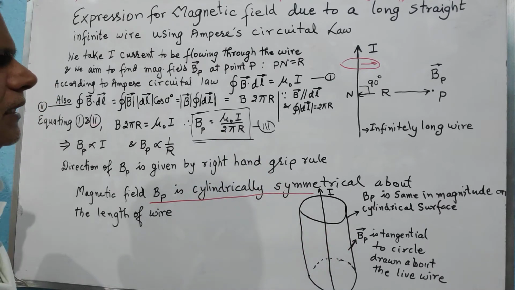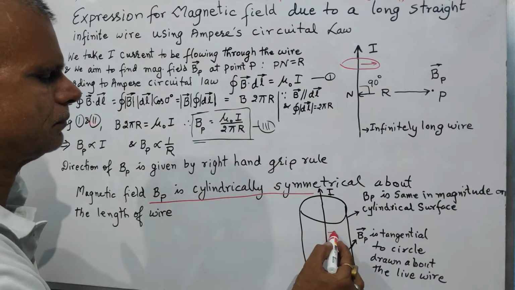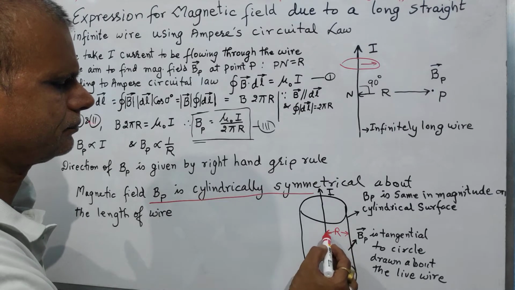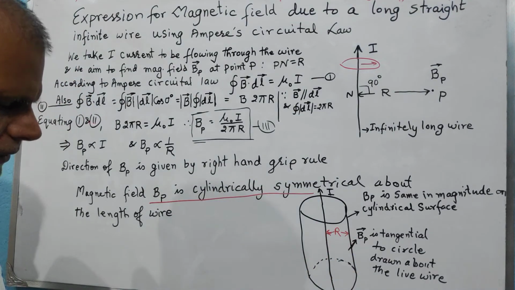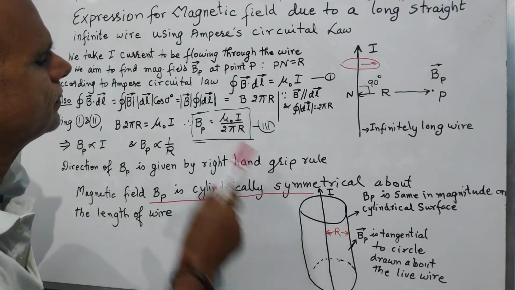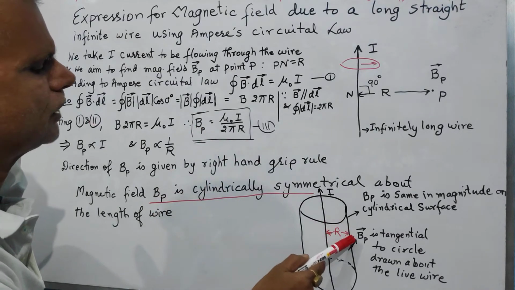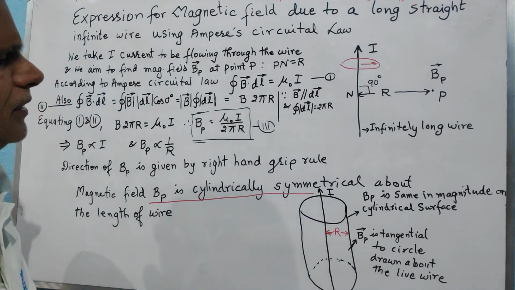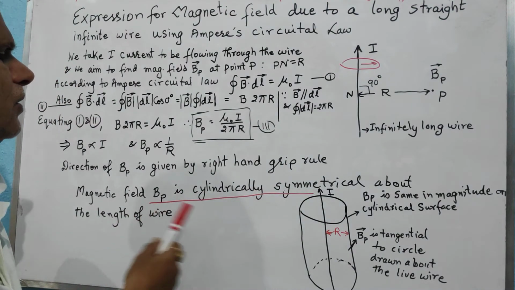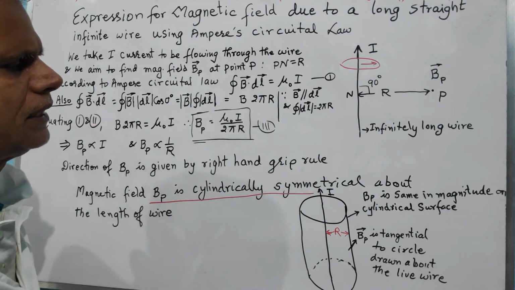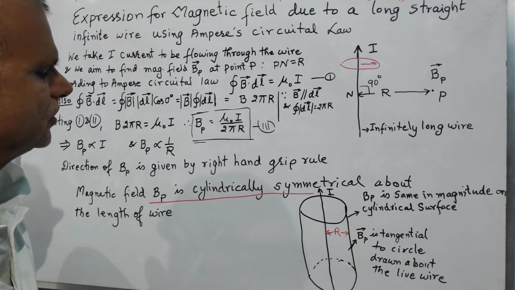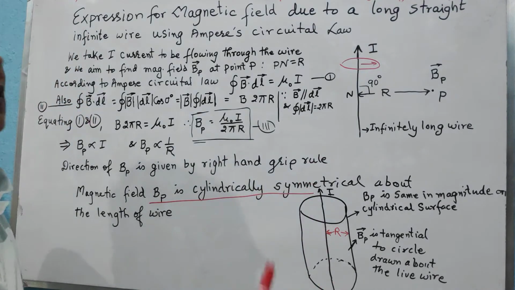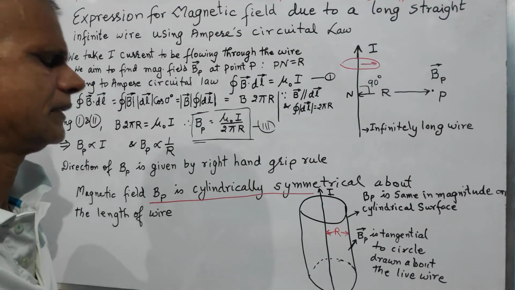We take the radius of this cylinder to be equal to the perpendicular distance, and then the magnitude of the magnetic field at all the points on this cylindrical surface is constant, and therefore it is called cylindrically symmetrical. A cylindrically symmetrical magnetic field is produced due to a long infinite wire carrying some current.